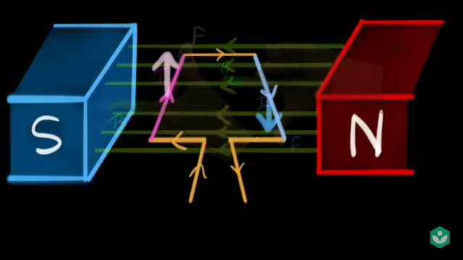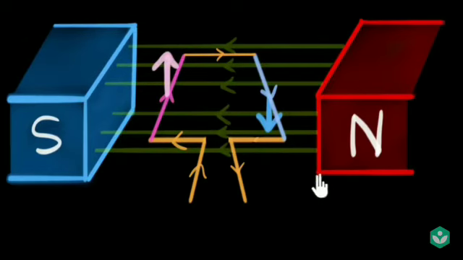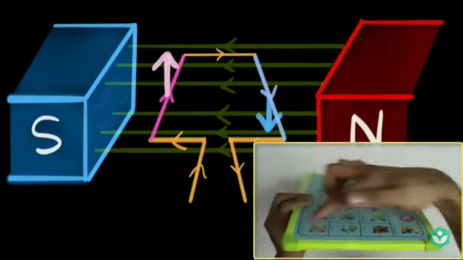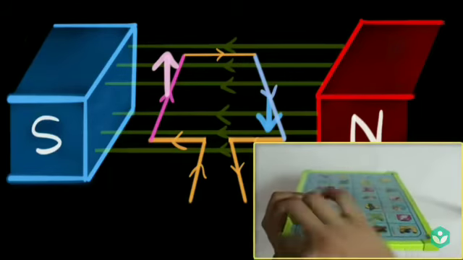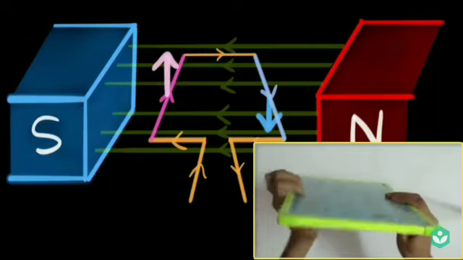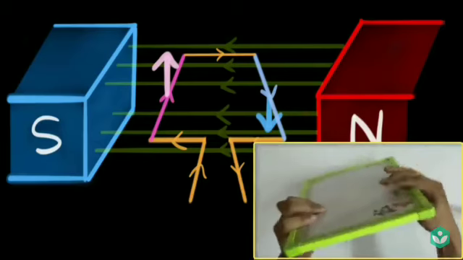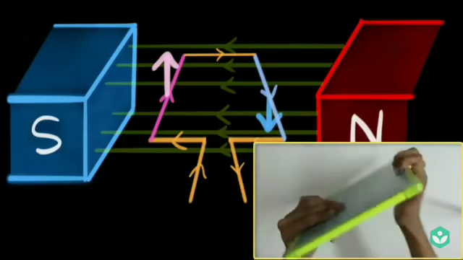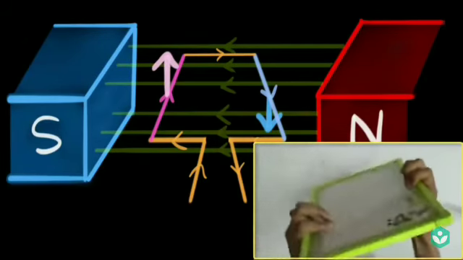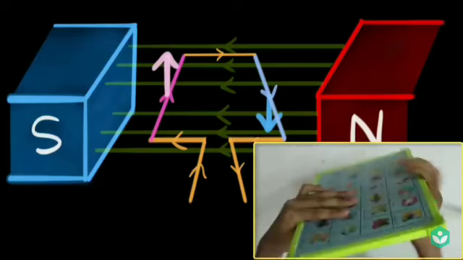So we have an upward force here and a downward force over here, and as a result our coil will start moving. But how exactly will it move? Here I have a board. Consider this is a rectangular coil. Notice on the left side I am going to push it up, on the right side I am going to push it down, and as a result it starts spinning.